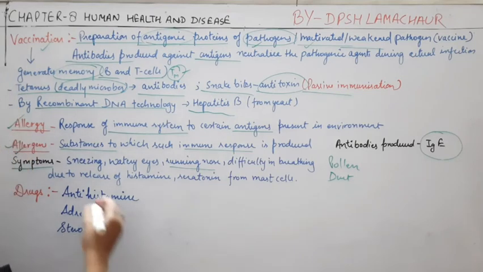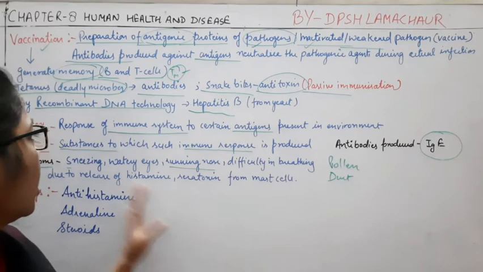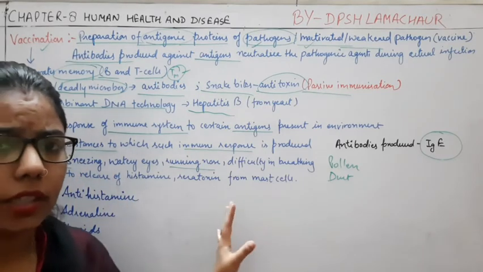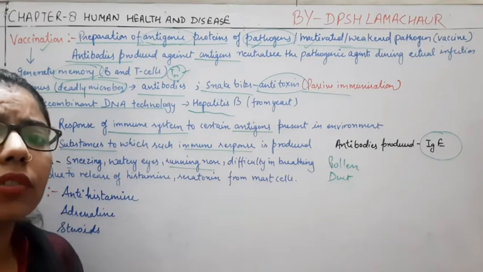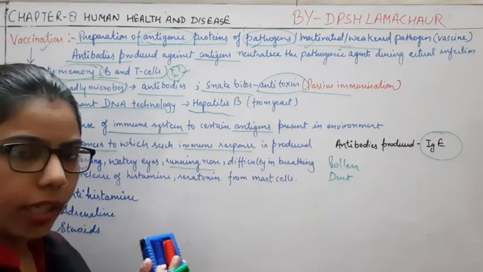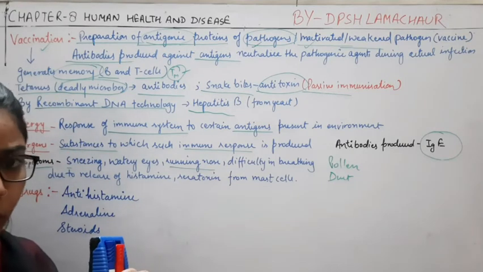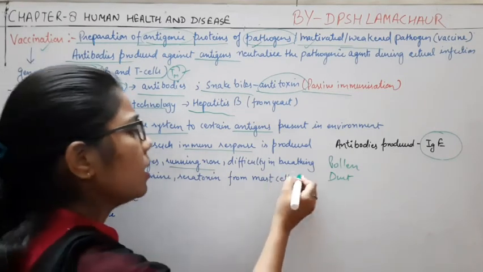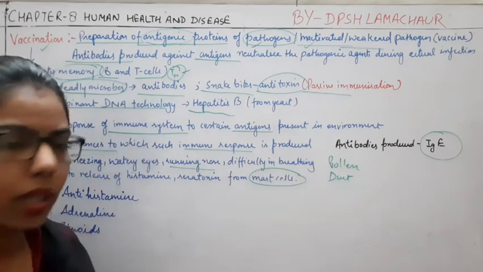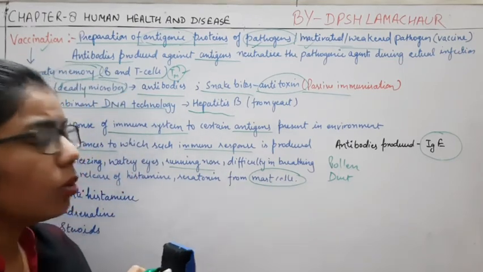And why is it happening? If I talk about these allergens, if an allergen comes in contact with any cell present in our body, that cell is the mast cell. What will the mast cell do?